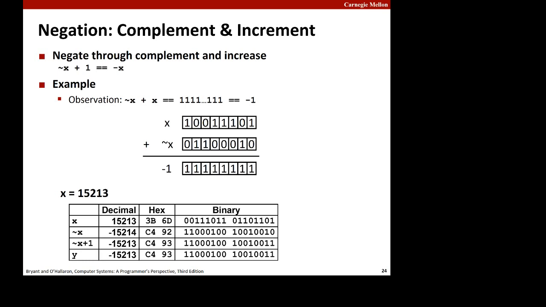So if I now increment that, in this case it was an even number, so all I have to do is set that bit to 1, then this will be the value of minus 15213. So that's a pretty handy trick. And again, there's not some magic new knowledge here. They all stem back to that original formula showing what the numeric value is of a two's complement number.